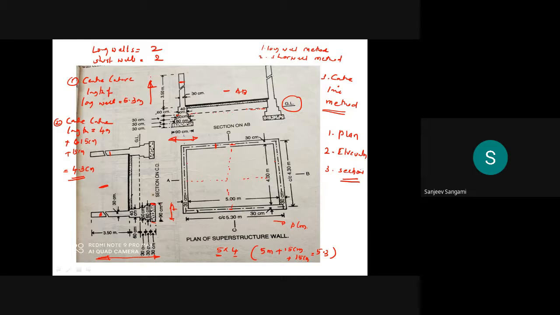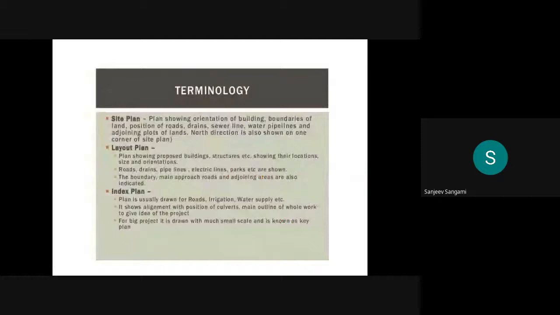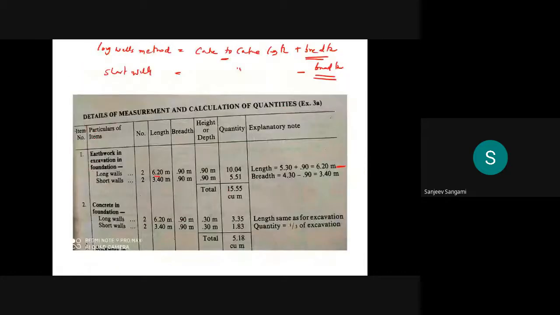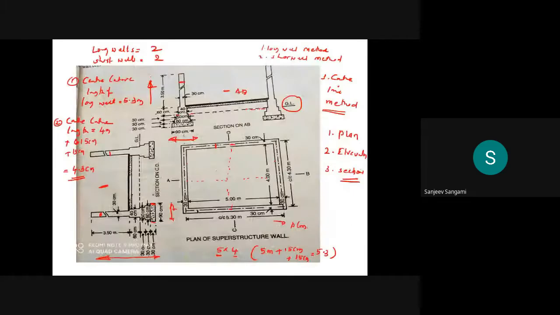So in that case, center to center length plus one breadth. The breadth will be 90 centimeters. Even the height, or the depth of excavation, is 90 centimeters. How exactly has this 90 come? Let's look into the plan.